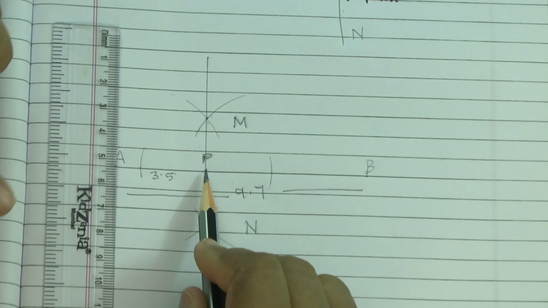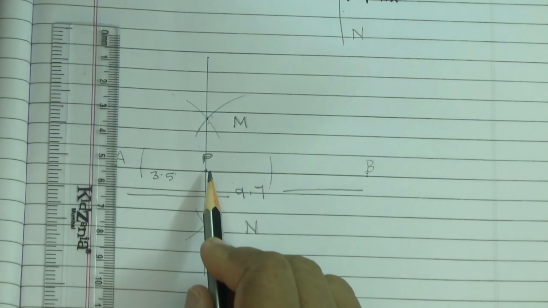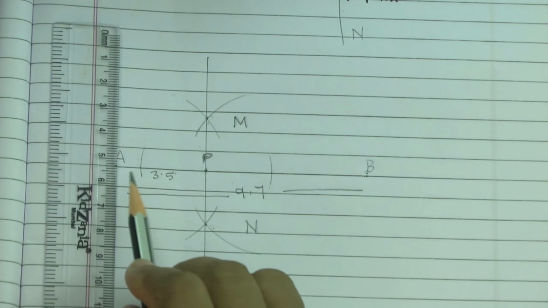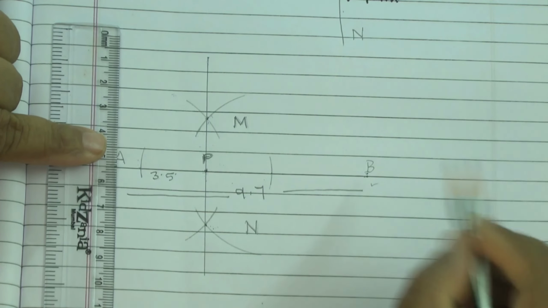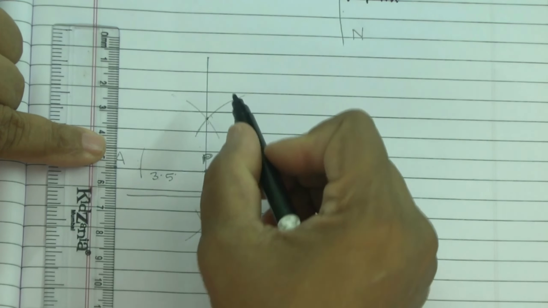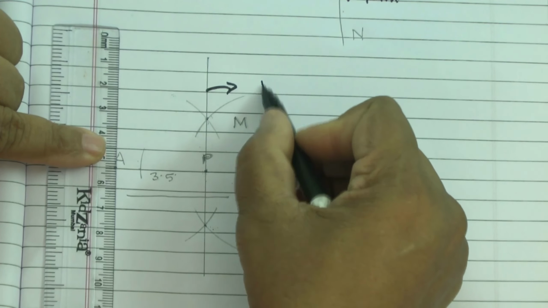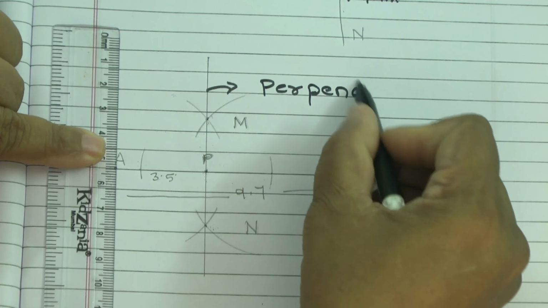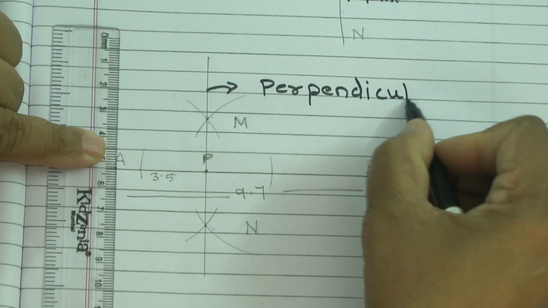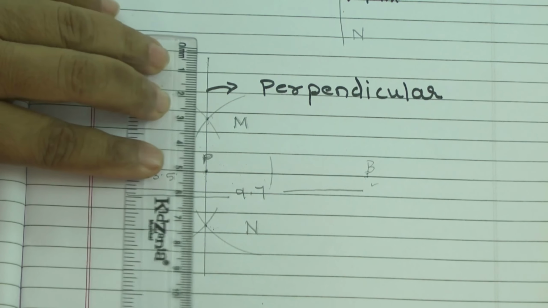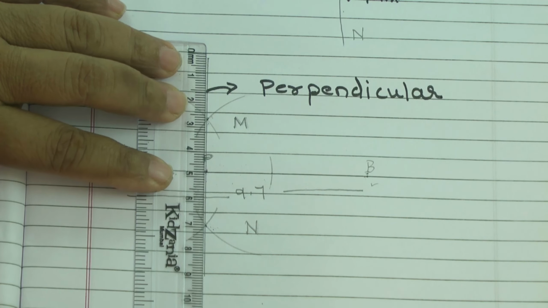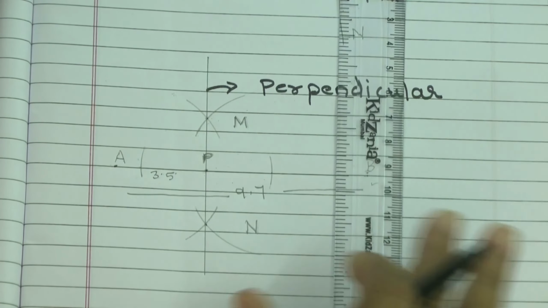This line is perpendicular line to the line AB, to the line segment AB, line MN, perpendicular. See, when I joined, the line is exactly passing through the point P. Let us measure.